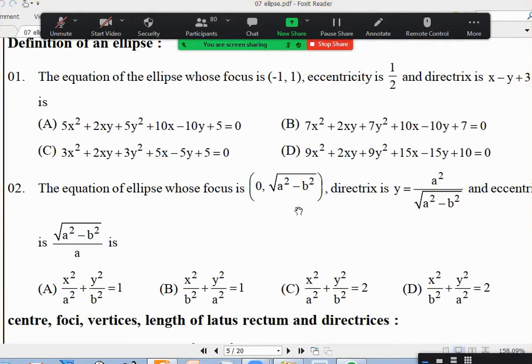First question: anybody any doubt in ellipse? No, sir. Okay, second question. Both are just SP equal to E into PM, right? Yes, sir.